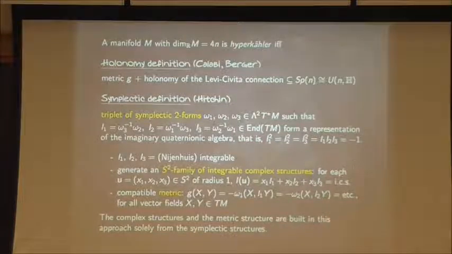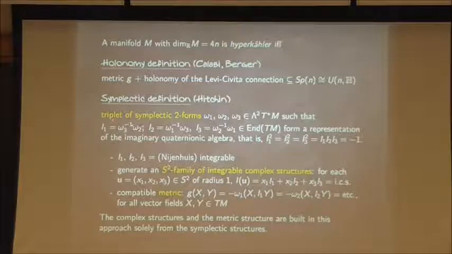That means for each point on the 2-sphere, which I drew there, with Euclidean extrinsic coordinates x1, x2, x3 and radius 1, this linear combination is also an integrable complex structure. And by the way, the same thing can be said for symplectic forms: there's not only 3 of them, but a whole 2-sphere.